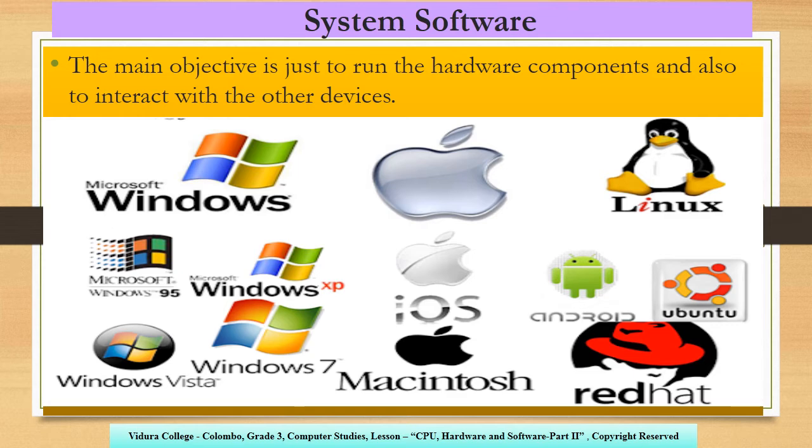The main objective is just to run the hardware components and also to interact with the other devices. Look at these pictures. Microsoft Windows, Windows XP, Windows 7, Red Hat, Linux are some of the examples for system software.